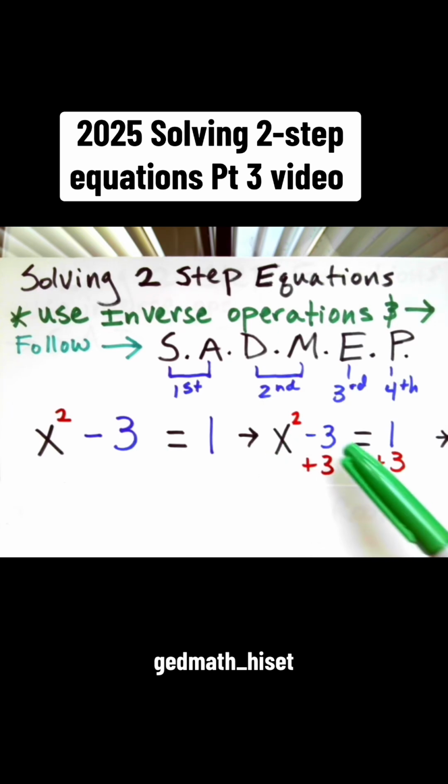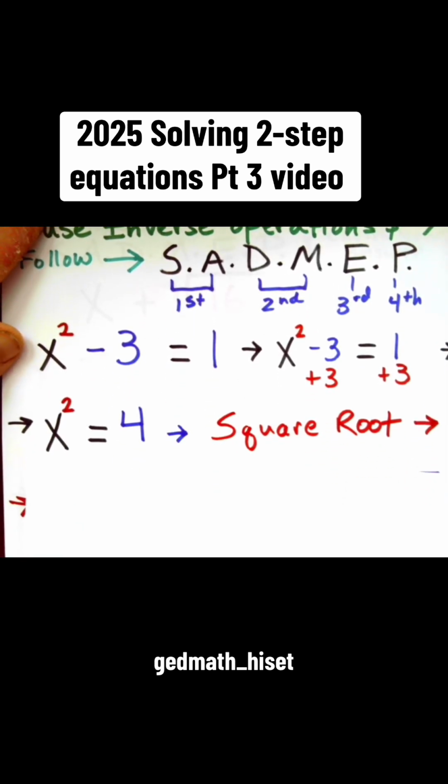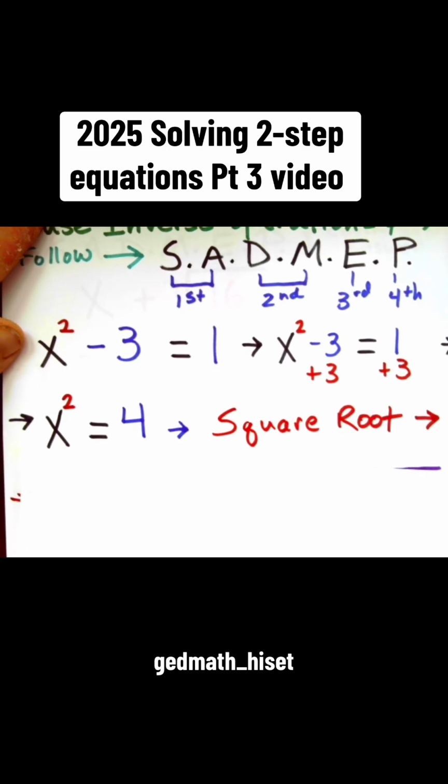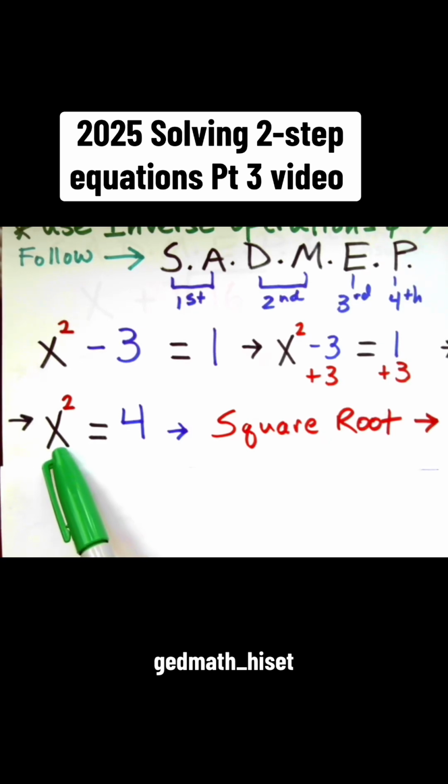I'm left with x squared equals 1 plus 3 is 4. If you follow that arrow, you can see here in the next step what we got. I'm just rewriting my simplified term from the previous step here. X squared equals 4. So I'm getting closer and closer to get that x all by itself. Not quite there yet, but I'm getting close.